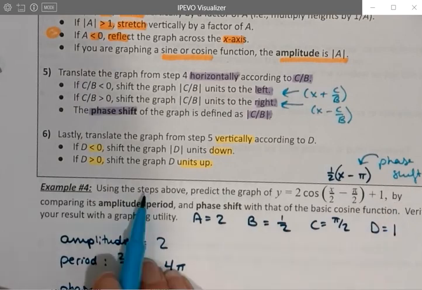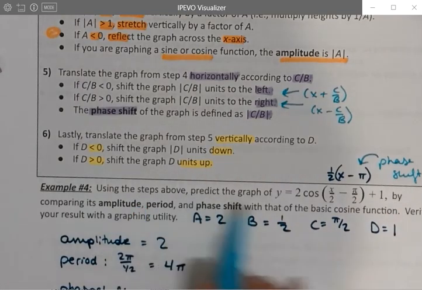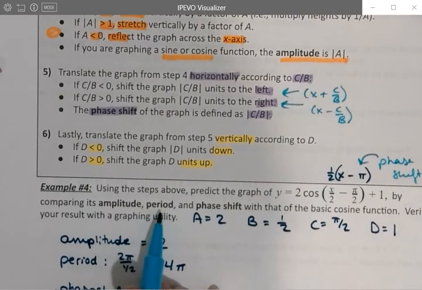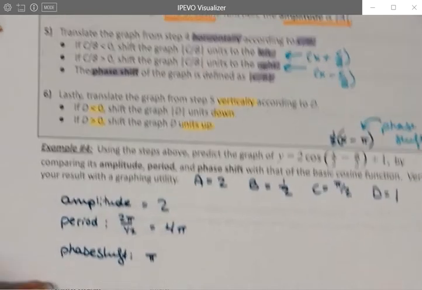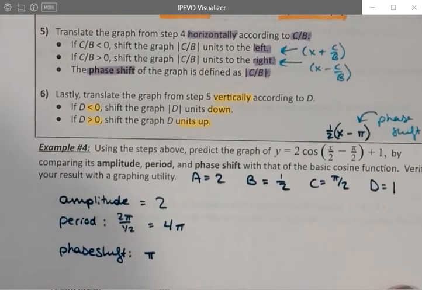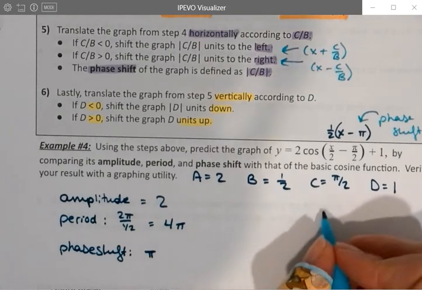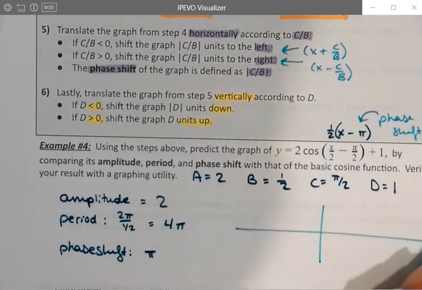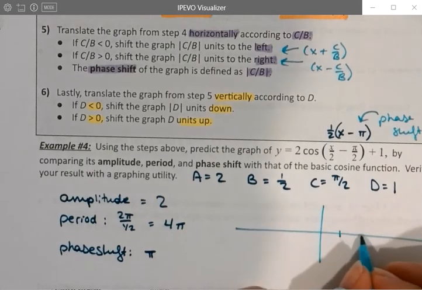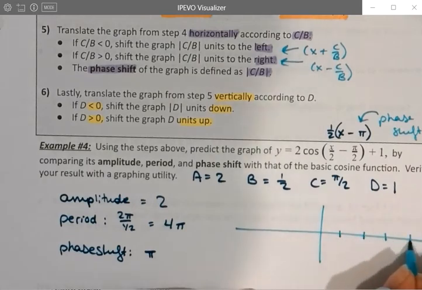Using the steps, that made me draw it. Predict the graph by comparing the amplitude, period, and phase shift with the basic cosine function. Verify my results graphically. Phase shift pi. Okay, here we go. The original graph of cosine. Let's dot in our markers.